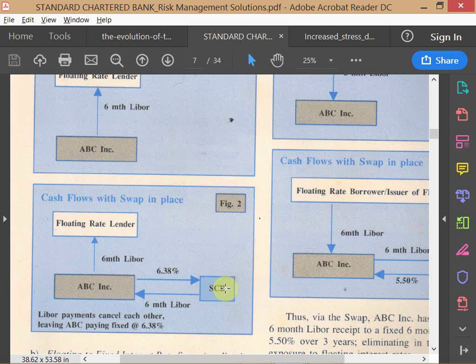Sir, I was asking that in that case, the bank does not take the risk of fluctuations. No, the bank may or may not. Whether the bank will take the risk or match it off with another offsetting transaction in the market, that is the decision of the swap dealer on the market making desk.